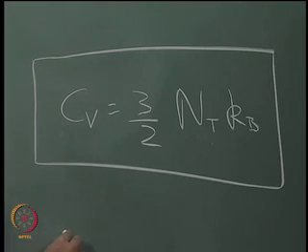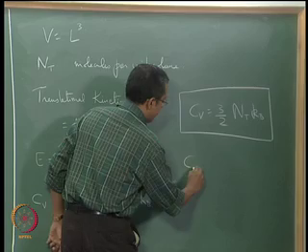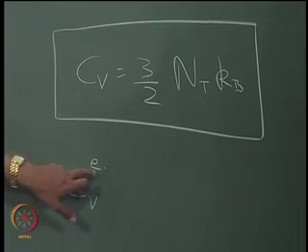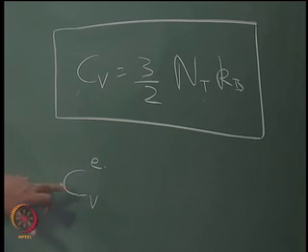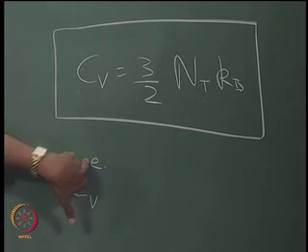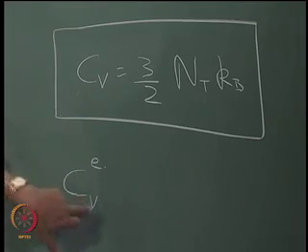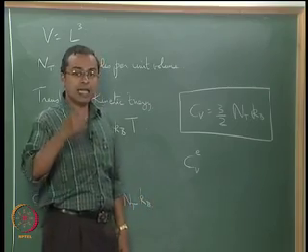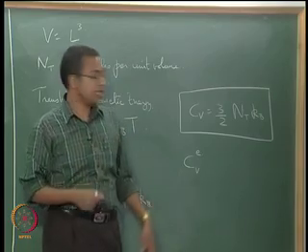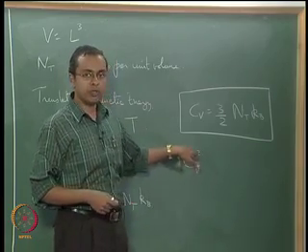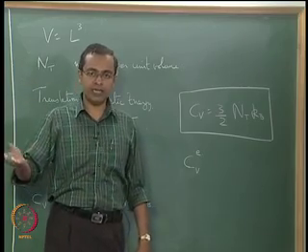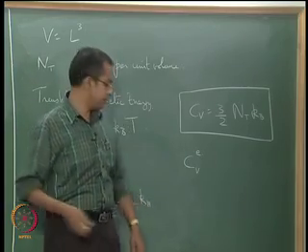In our notation we will simply call this Cv with a superscript E, indicating that this is the specific heat at constant volume for the electrons, or the electronic contribution to the specific heat at constant volume. The ionic cores also have a contribution to the specific heat at constant volume, which we are neglecting.